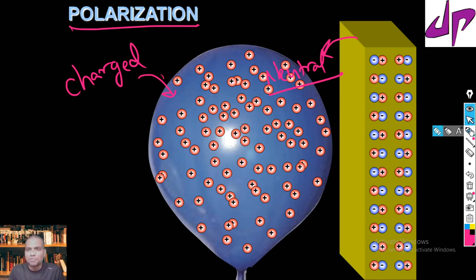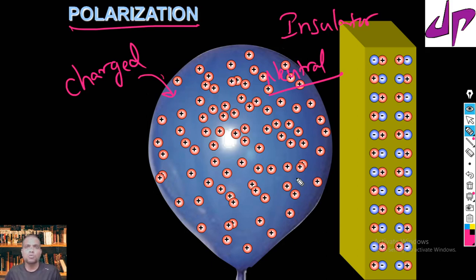But if this neutral object is not a conductor but an insulator, there are no free electrons. Electrons don't move on the surface. That is only possible for conductors.